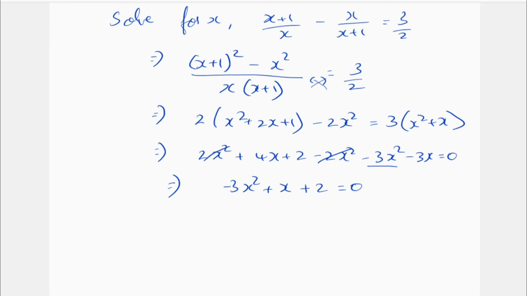Now I can see that the product is minus 6 and the sum is 1. Product is nothing but the coefficient of x square multiplied by the constant, which is minus 3 into 2, minus 6, and the sum, or the difference, in the coefficient of x is plus 1. When the product is negative, one of the terms is negative and the other is positive.